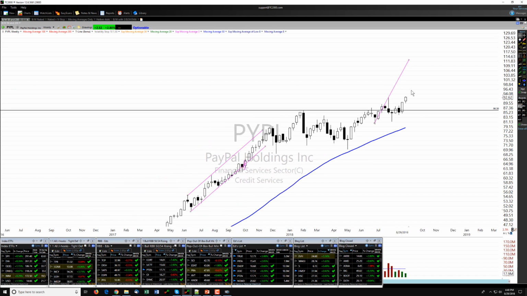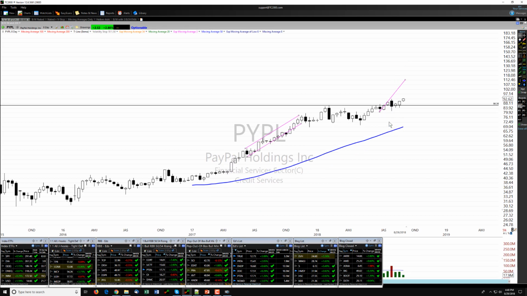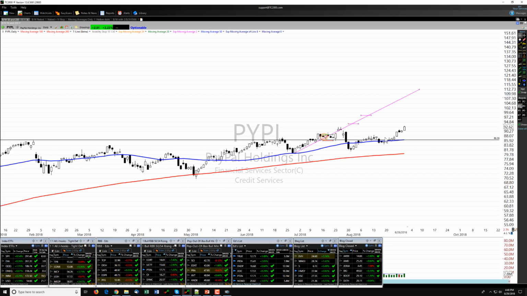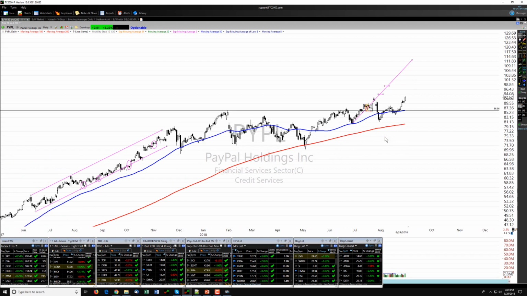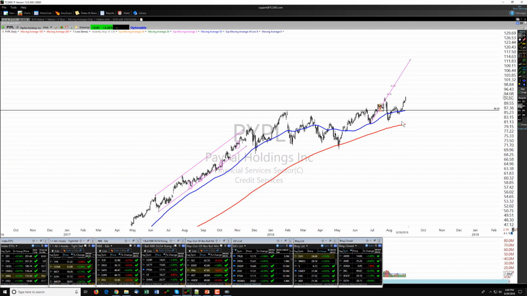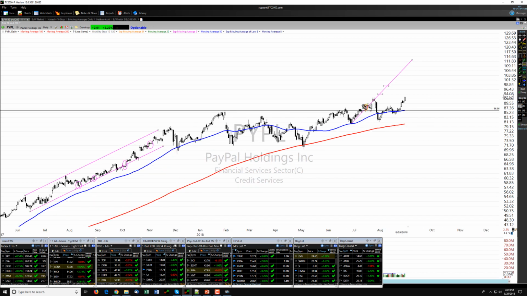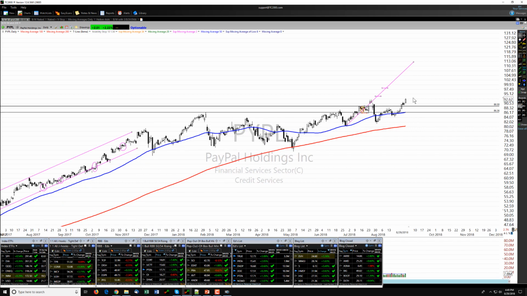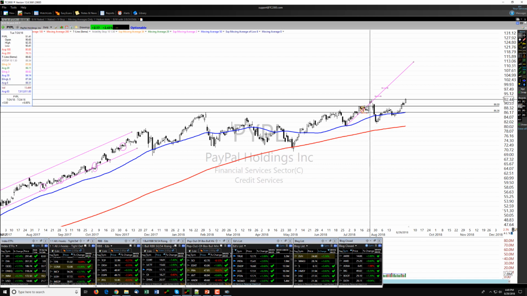It's at all-time highs, but yeah, to me, we're a far piece from support. Even if I dropped another line in here and said this is support up in there, we're a little bit extended from that.